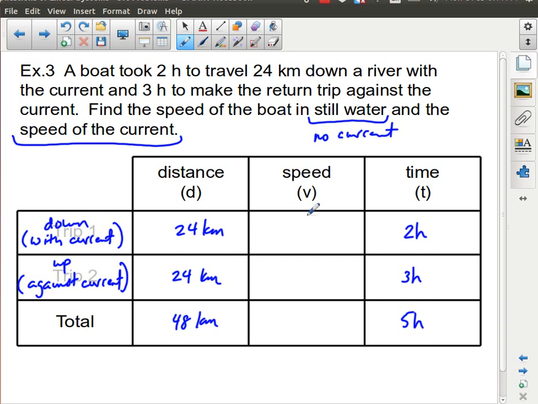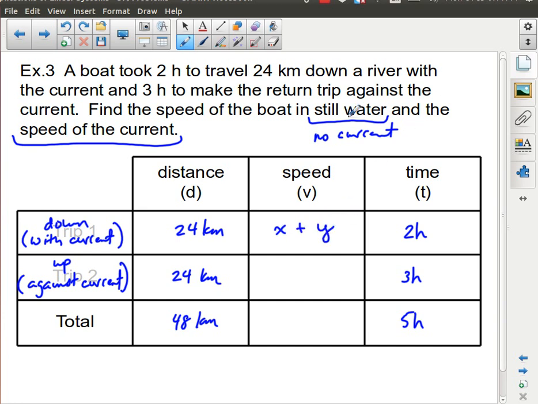This is where we get into some interesting things, which is when I was going down the river, that means I'm going with the current. I was paddling at, let's say, some speed x. And what was the current doing? Was it adding or subtracting to my speed? If I was going with the current, it would be adding some amount to my speed.